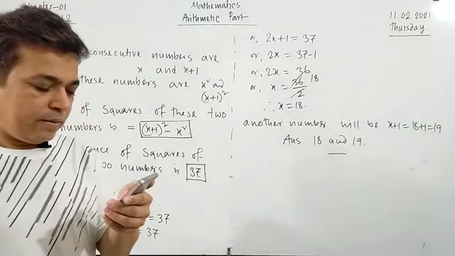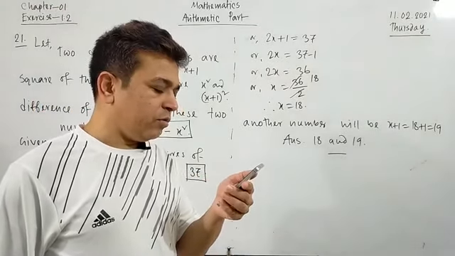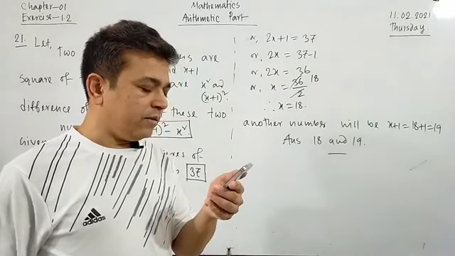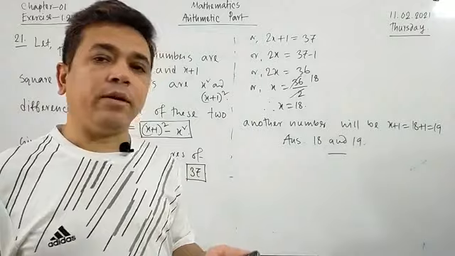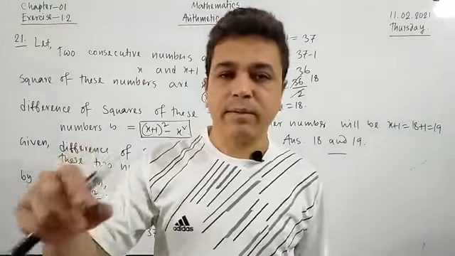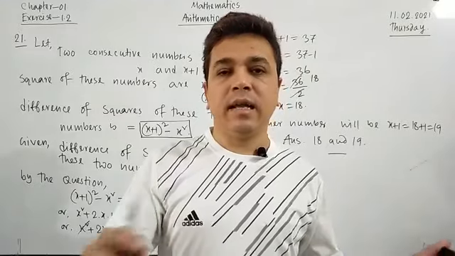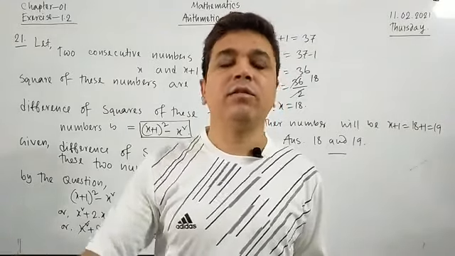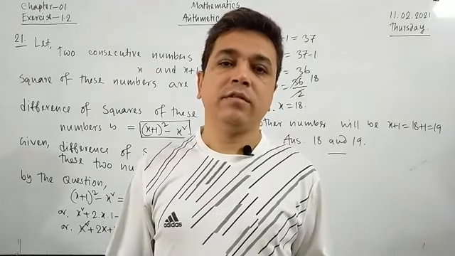Okay, but sir, chapter 1 is the arithmetic chapter, so why are you using algebra in it? Yeah, it's possible, no problem. Any kind of mathematical relation you can use anywhere, no problem. Algebra and arithmetic, there's no difference. All maths is the same.